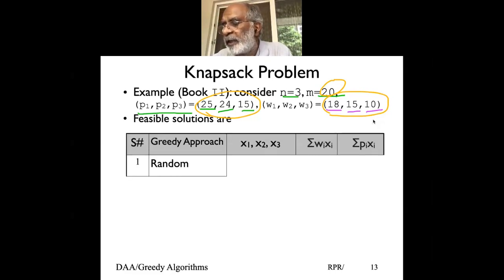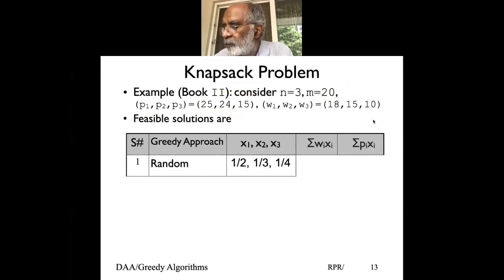So one approach is to take some random weights. For the first item, we take half a unit, that means we take 9 kg. For the second item, take 1/3, that is 5 kg.